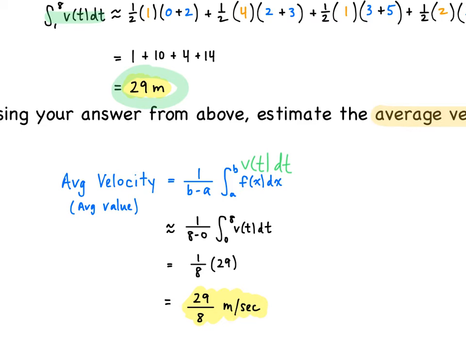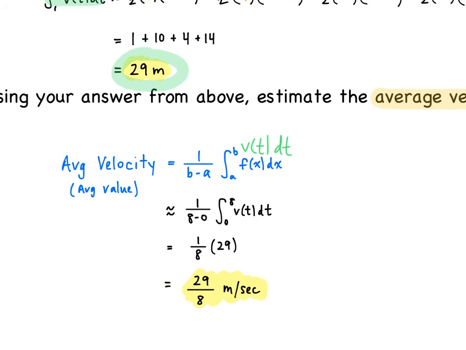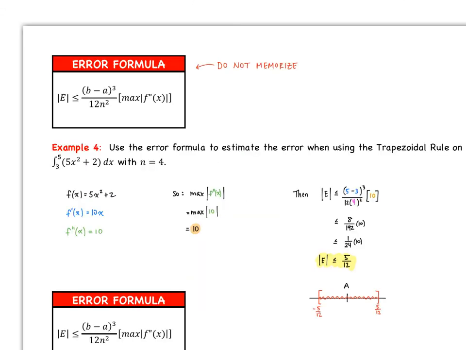So we're able to estimate the average velocity using our estimation from above to get 29 over 8 meters per second.